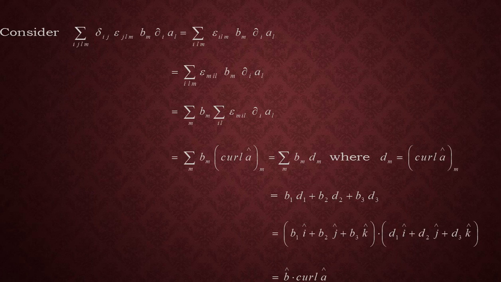If we observe this part, sigma over il, epsilon suffix mil, dou i Al, this representation is by using the Levi-Civita symbol, and A suffix l is there. Dou i Al is a representative from curly A cap. So this entire representation is curly A cap.